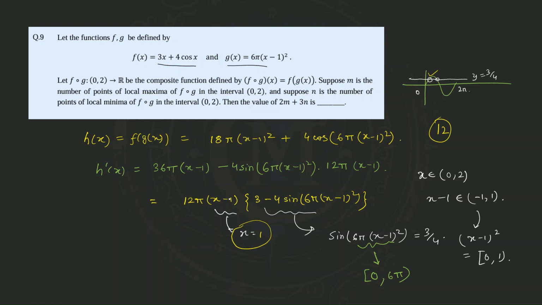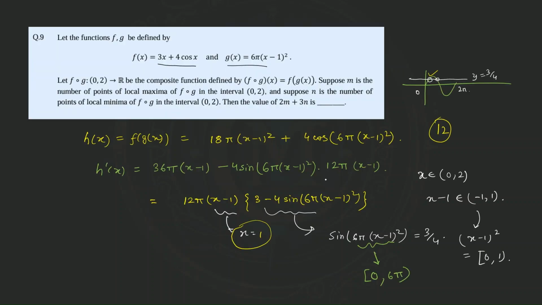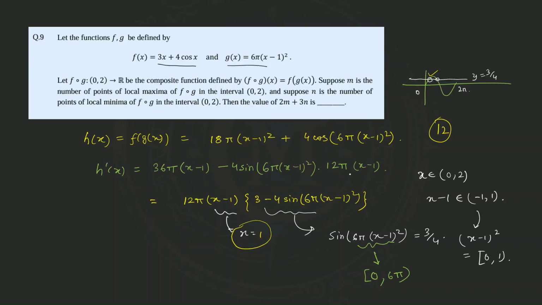So h double dash x will be, if we differentiate 36 pi, this will be minus, then 48 pi we can take as common, so 48 pi times (x minus 1) times cos of this factor here, 6 pi into (x minus 1) whole square, times the derivative of this, which will be 12 pi into (x minus 1), then it will be plus sine of this, right? Now the derivative of this will be 1.